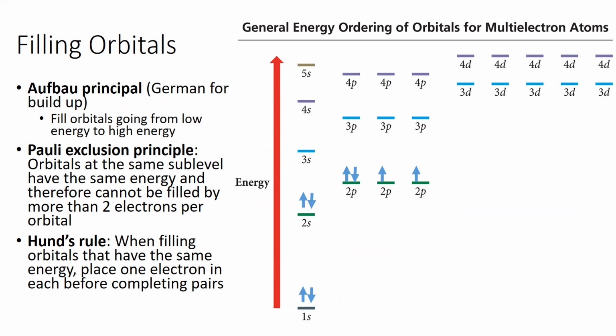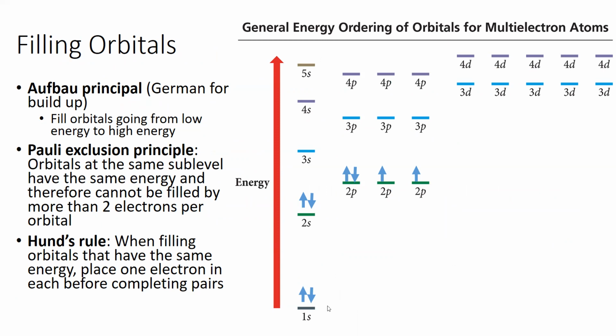One is the Aufbau principle, and Aufbau is German for build-up. Any of you who speak German, I apologize for pronouncing that word wrong. What the Aufbau principle says is that when you're putting electrons in orbitals, they always go in the lowest energy first, and then they build up from there.